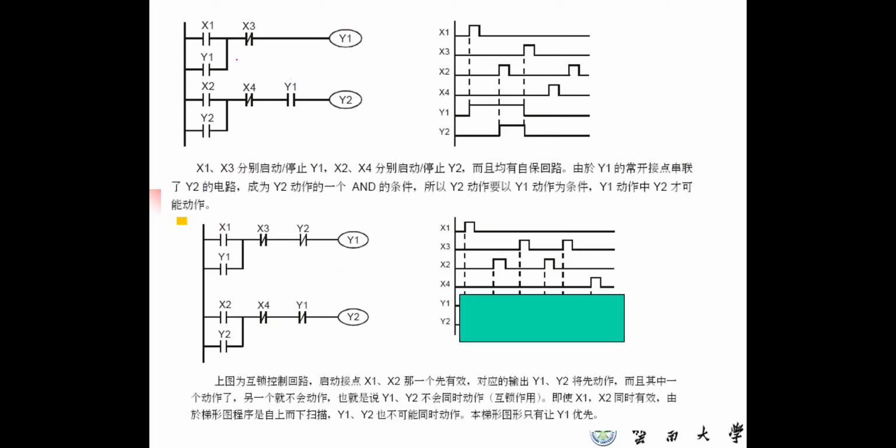Maybe we can see this language. Can you tell me the function of this programming? Header diagram.